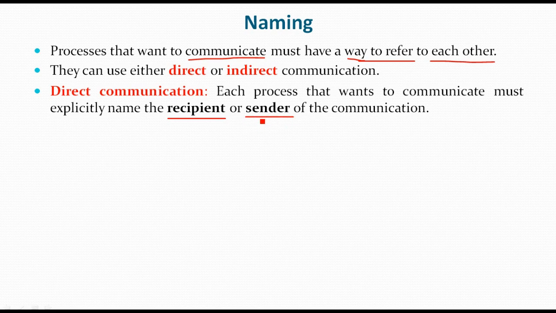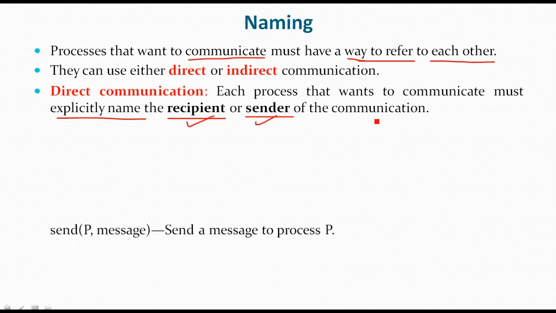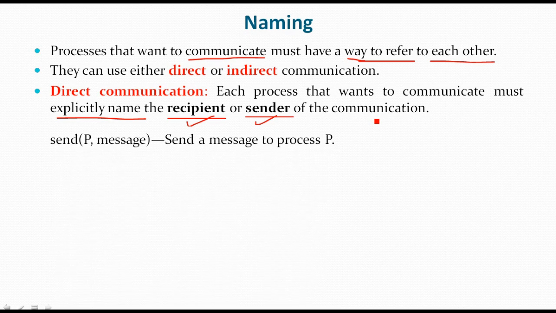So each process must explicitly name the recipient, who is going to receive the message, and the sender, who is sending the message. In this method, if the sender is sending a message, the sender has to mention to whom it is sending the message.